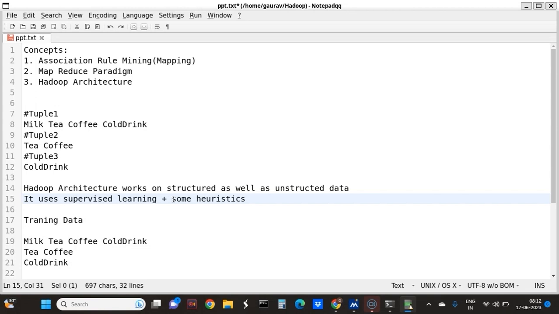Jelly Bean, after J comes KitKat, so it will search for KitKat. If KitKat is there with Jelly Bean, then the most probable next is Lollipop. So Jelly Bean, KitKat, and Lollipop. These are the heuristics. Heuristics means estimates used for analyzing the data.